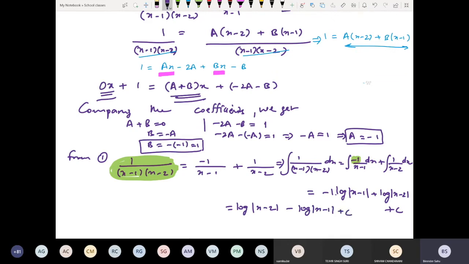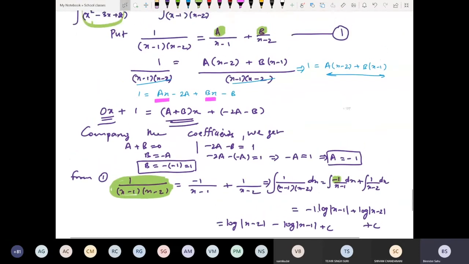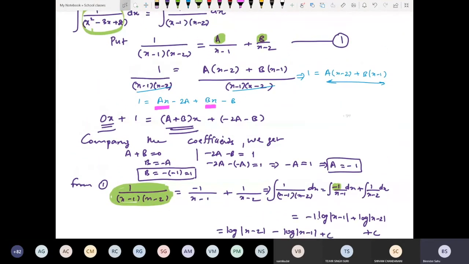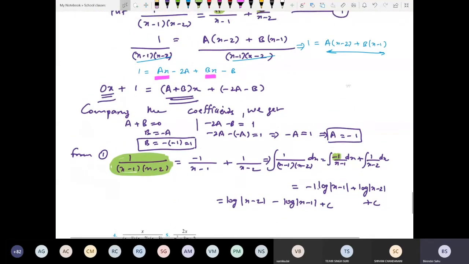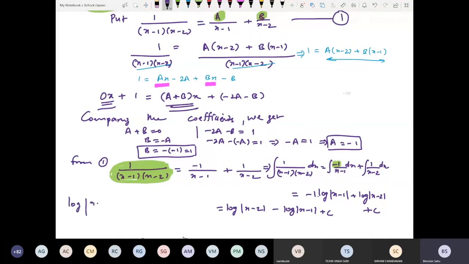Sometimes students say, sir, our answer is different. Because this question can be done by the previous method also, the 1 by quadratic method, and there we will get an answer like this. But whichever method I use, answers are always the same if both methods are correct.